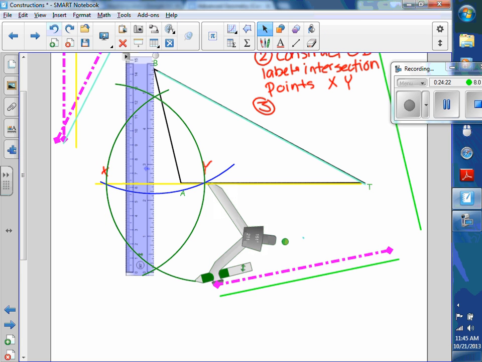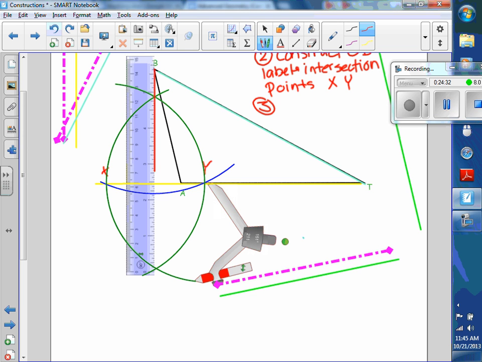Okay, pretty good. So, there's the altitude.